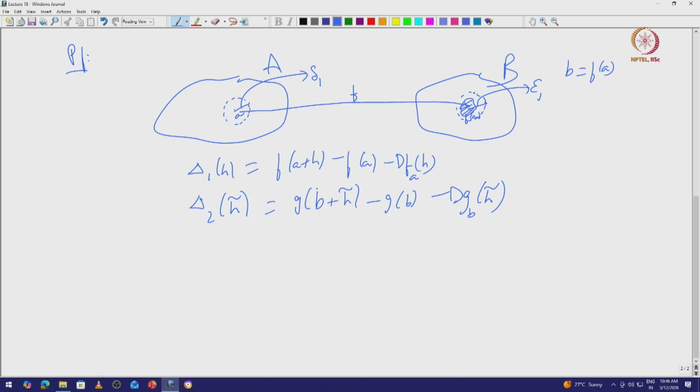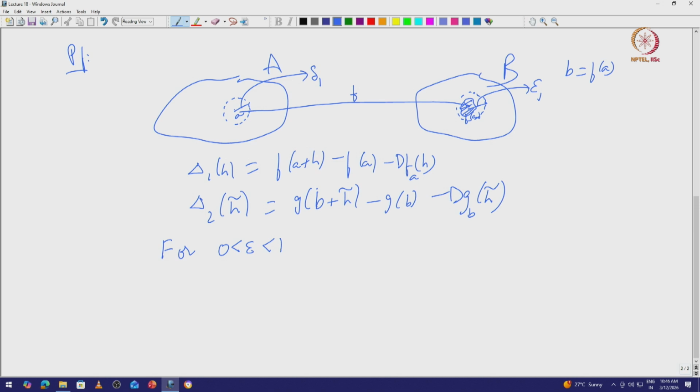Now, by definition of differentiability, for epsilon positive, you can assume this is less than 1 without loss of generality.